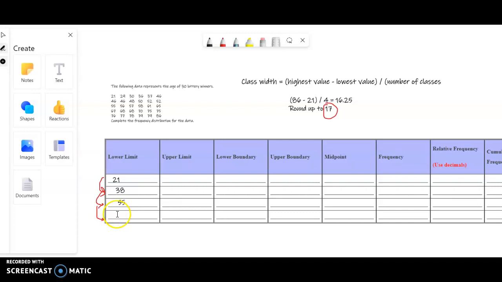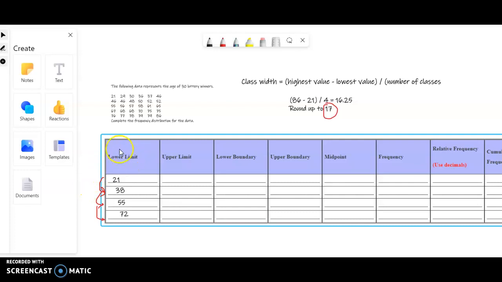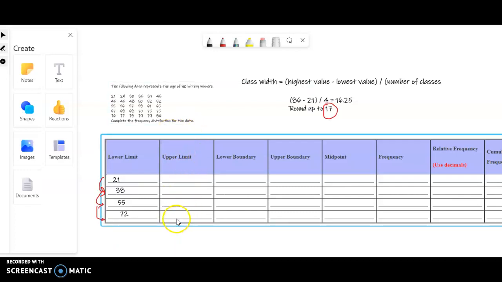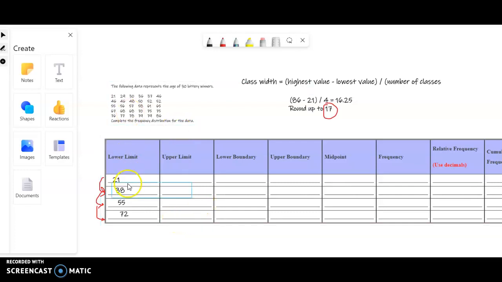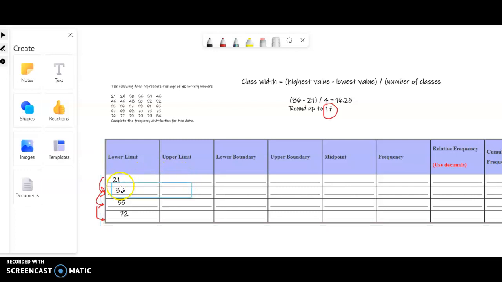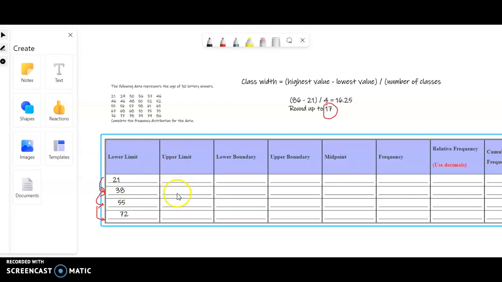So each step to go down the table, you add the class width. That's why we want to calculate that class width first. So far, so good? So what we have found so far are the smallest numbers in each class. But now we need to find the upper numbers in each class, because each class is a range of numbers, from this number to this number. Well, the way I look at this is going from 21 to something, and the next class starts at 38 to something.